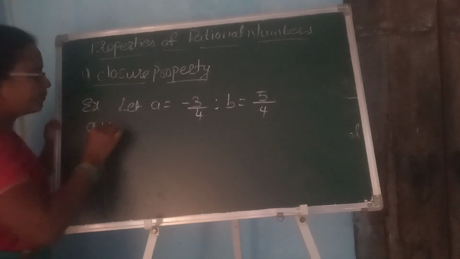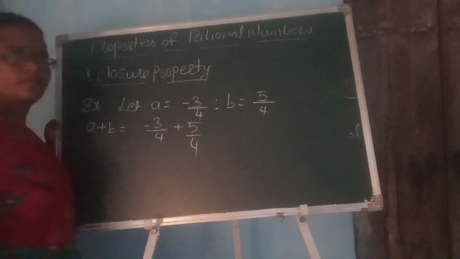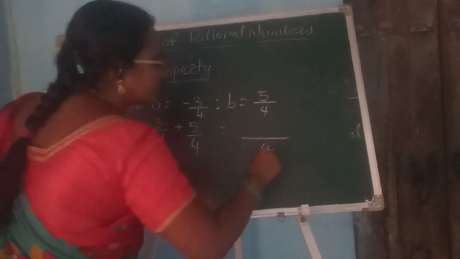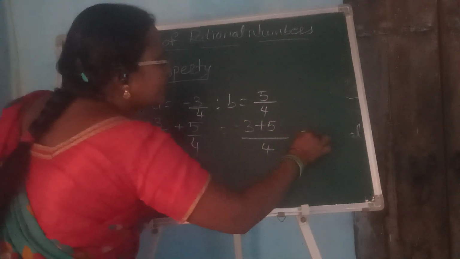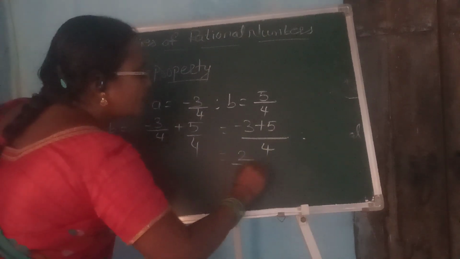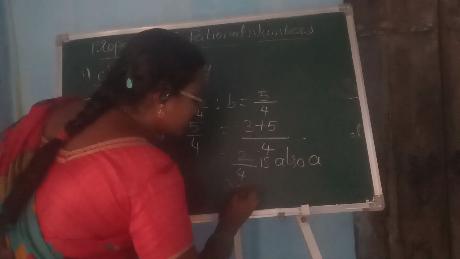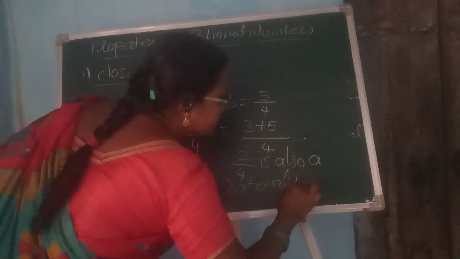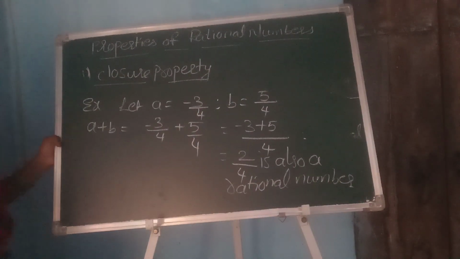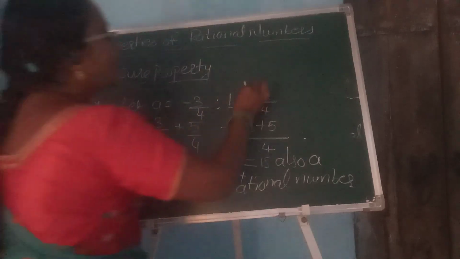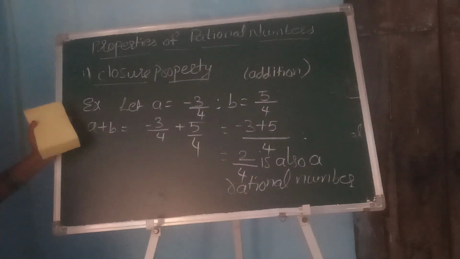Now, consider a plus b. Minus 3 by 4 plus 5 by 4. 4 is common here. So minus 3 plus 5 is equal to 2 by 4, which is also a rational number. This is the example under addition.